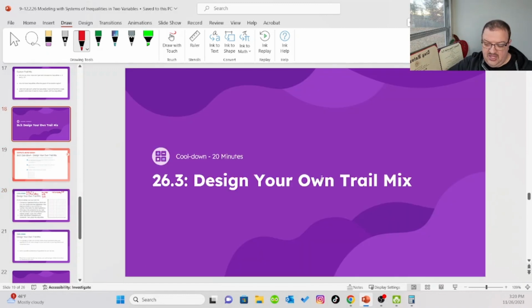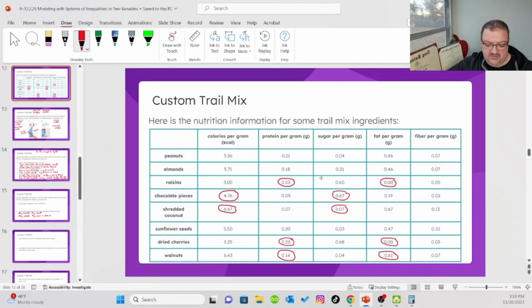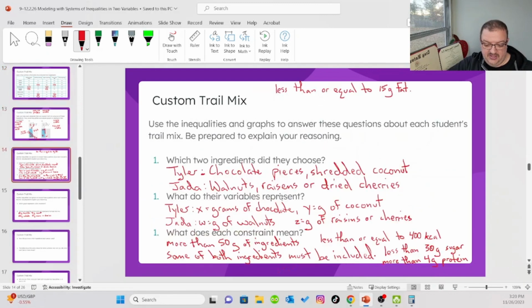If I look at the other ingredients, there's sugar, fat, and fiber or calories. So I am going to choose calories. So I would have 5.36x and 5.50y.